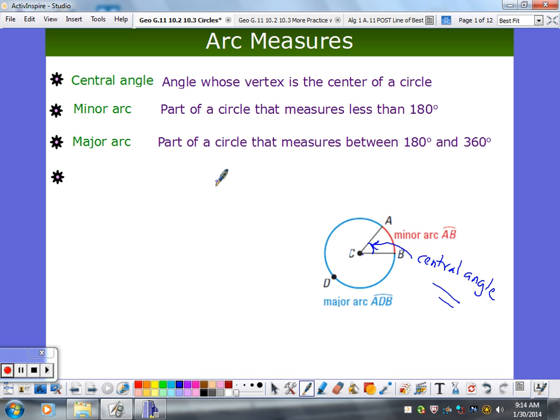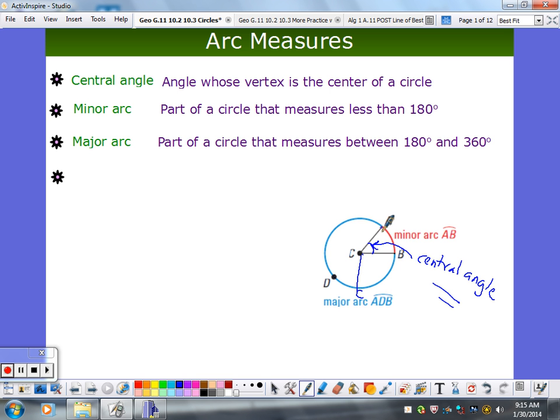Now a major arc is part of a circle, an arc, but it's big. Now how many degrees go all the way around a circle? 360. So how much would half a circle be? 180. So if you are a major arc and you pass that half circle mark, so let's say I have another radius here.